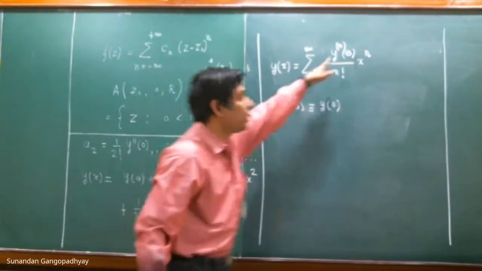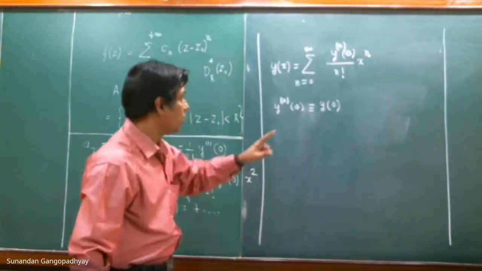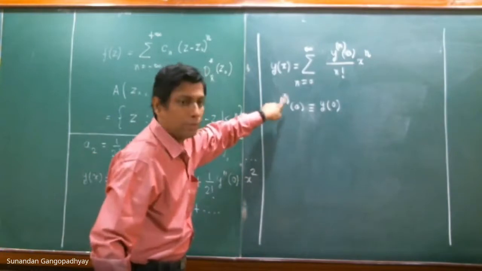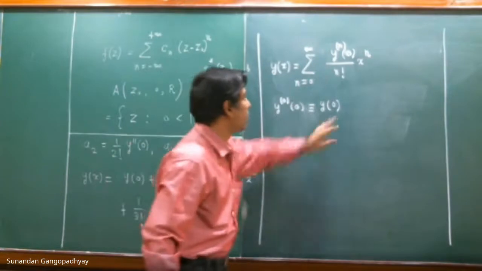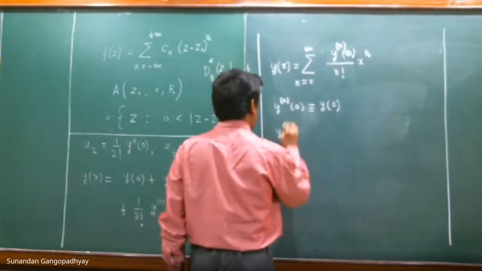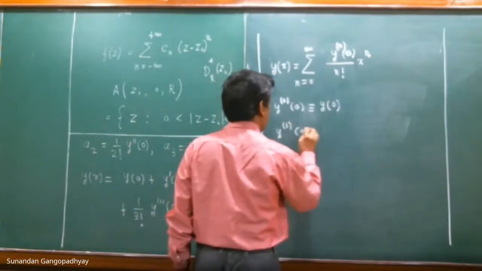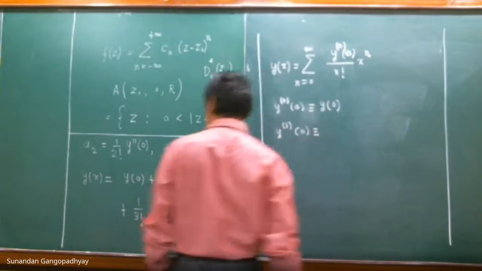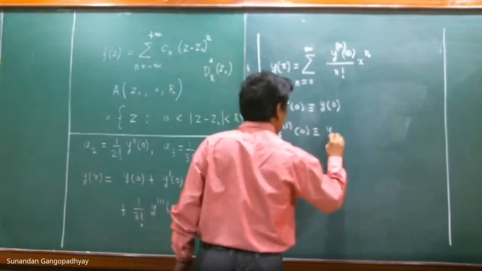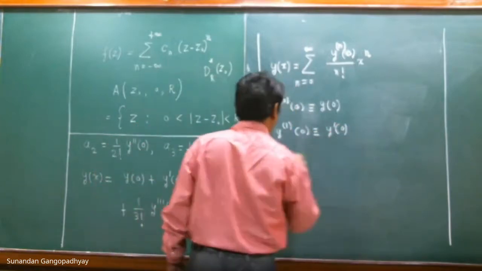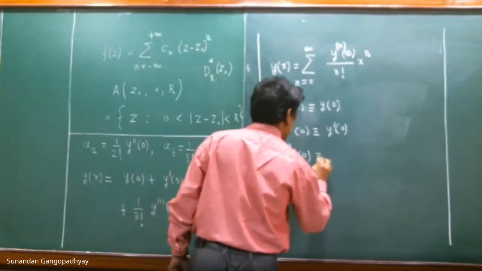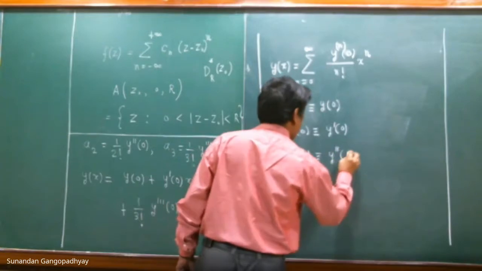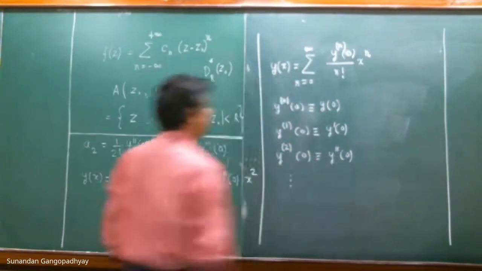This is how you define yn, y with a superscript n in a rounded bracket, evaluated at 0. What is y1 of 0? y1 of 0 is nothing but y prime. y2 of 0 is y double prime, and so on.